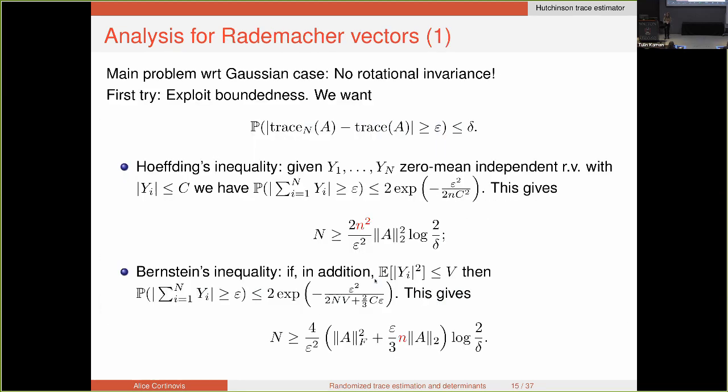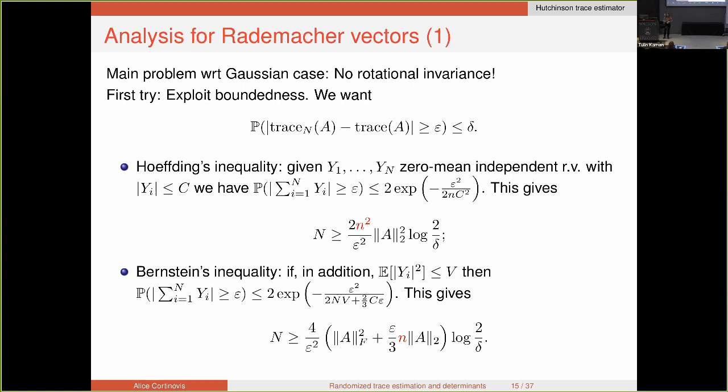So for Rademacher vectors, the analysis is complicated by the fact that if you take an orthogonal matrix and you multiply it by a Rademacher random vector, you don't obtain a Rademacher random vector. But the nicer thing for Rademacher vectors is that they're bounded.